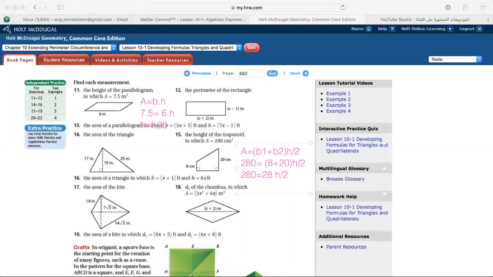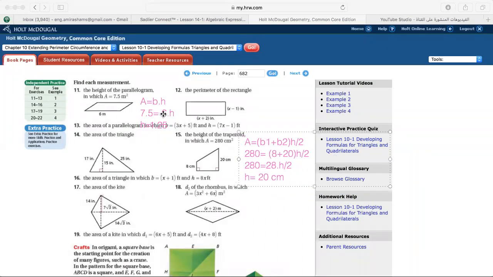By calculating, H will be equal to 20 centimeter. And please, girls, don't forget to write the unit.